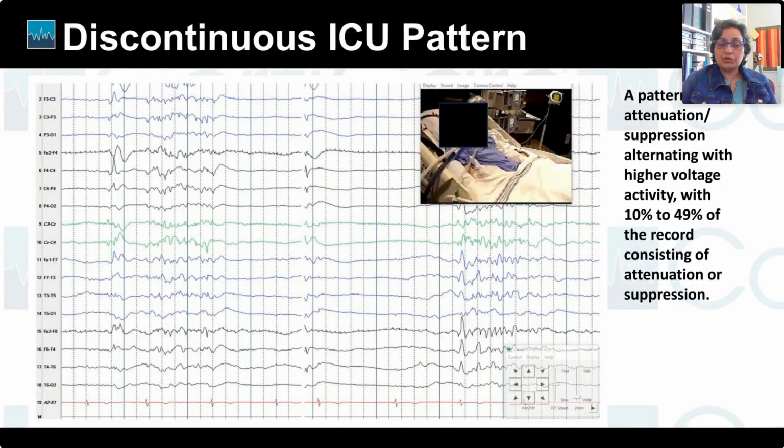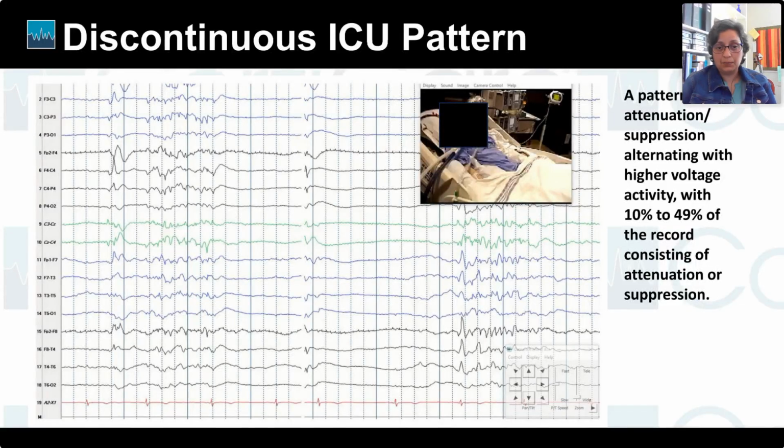A discontinuous pattern is between 10 to 49% of attenuation or suppression. It's a very thin line between the pattern being discontinuous or burst suppression, because from 50%, your burst suppression pattern starts, but less than 50%, 49% or less, is a discontinuous pattern.